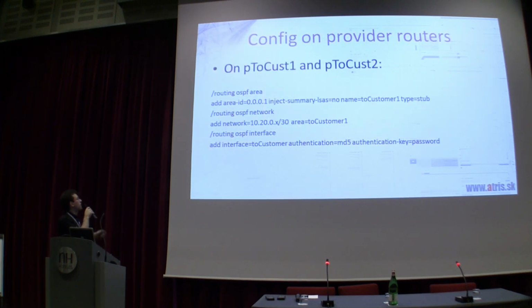It's very similar. We would simply create an OSPF area, let it be a totally stubby area, so type stub and inject summary LSAs no. Insert on each router the proper OSPF network into the customer area, and then use authentication for the OSPF interface.